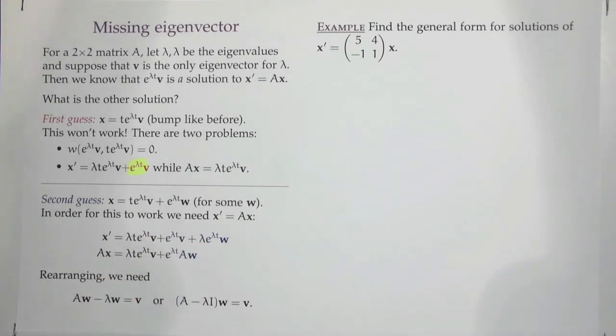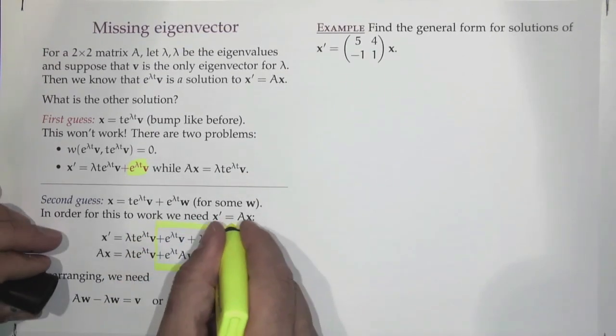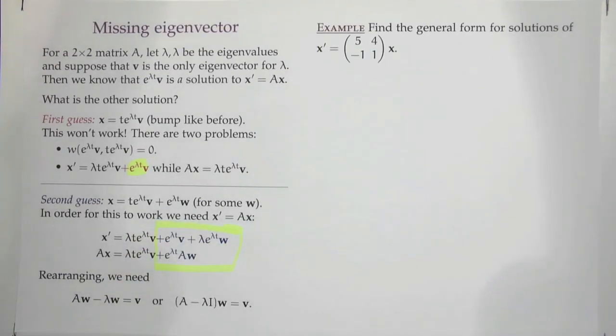Now, in order for this to work, we need to make sure x prime equals Ax. So we figure out what x prime equals, and we carry out that computation. It's very similar to the one we just did. There's just an extra lambda e to the lambda t w. And we say, what does Ax equal? We know that. And then the key is that these pieces on the end have to line up.